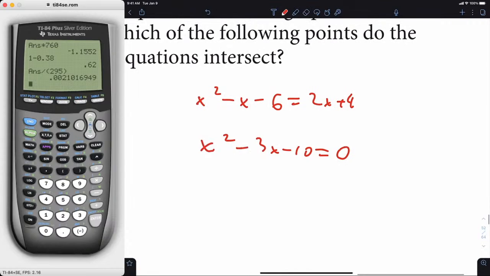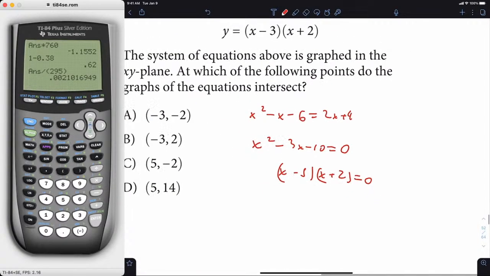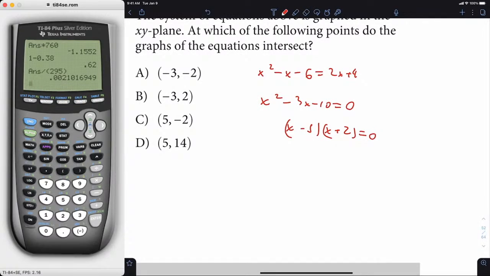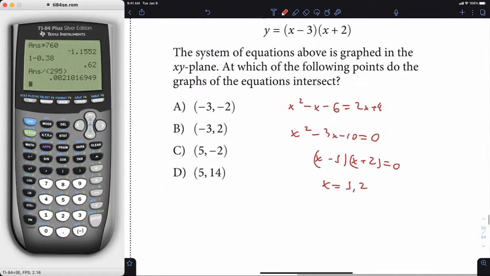And I can go ahead and factor, and I get x minus 5 and then x plus 2 equals 0. So x is going to equal 5 or negative 2. And then I can go ahead and find my y value.